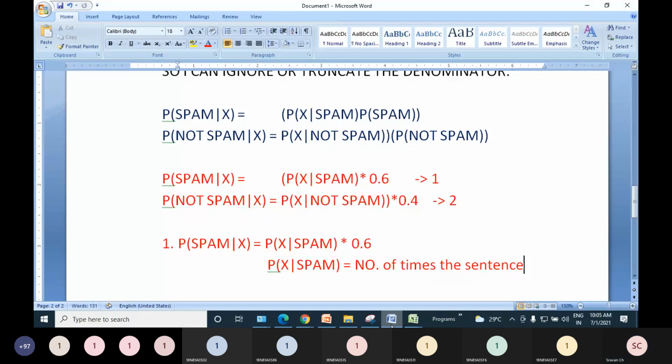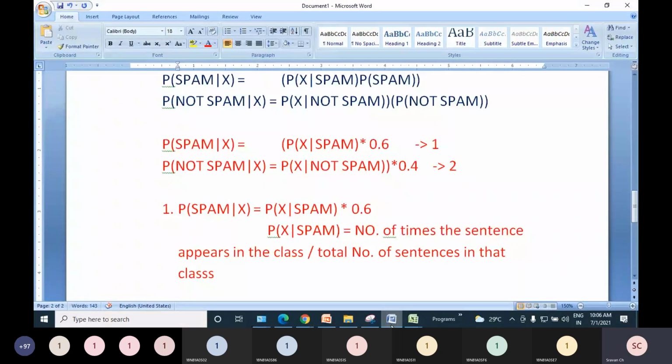So the number of times the sentence appears in the class divided by the total number of sentences in that class. Here class means we have two classes, spam and not spam.